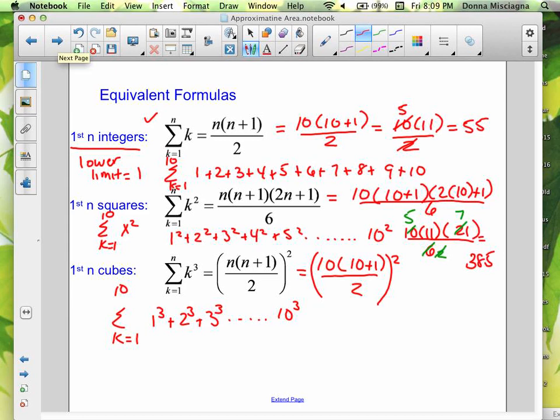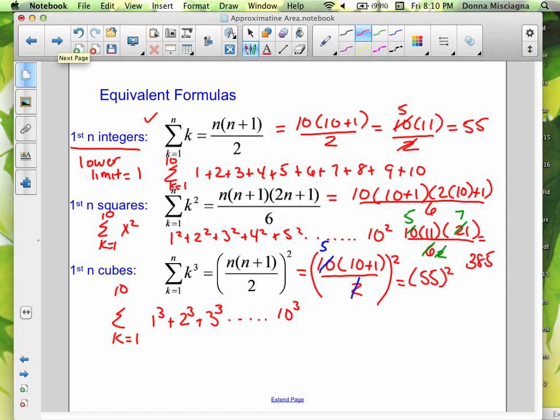So pretty nice. I'm going to reduce. So that's going to be a 5 now. So I've got 5, this is 11, so this is going to be 55 squared, which I don't know off the top of my head. However, I could just grab a calculator and find that value.